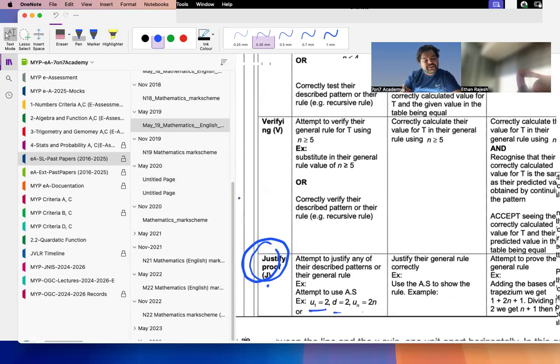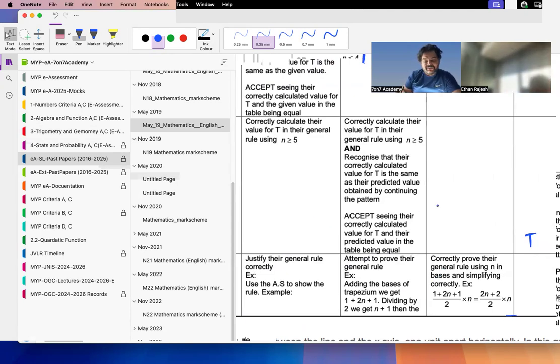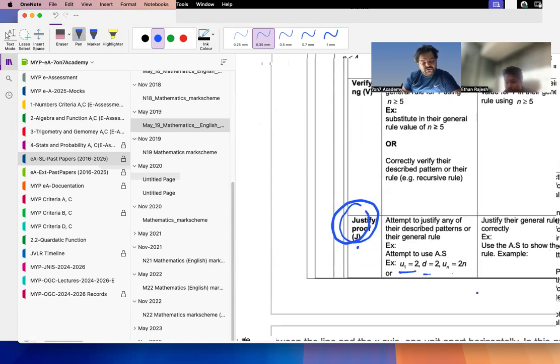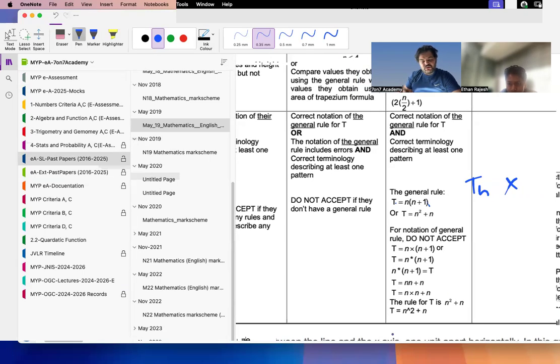All your writing should be in proper mathematical language, and you should follow everything the way it should be followed. So T is equal to n into n plus 1.